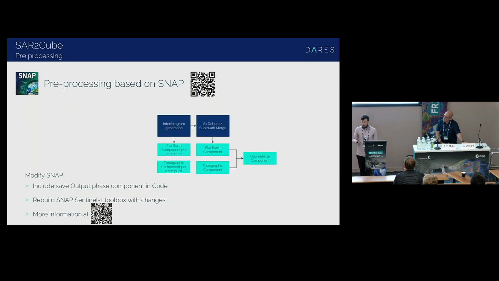So now we will compute the interferogram and deburst it, and we will already get the flat earth component and topographic component unwrapped that can be used for differential interferometric purposes.